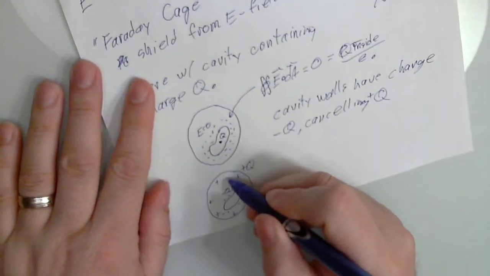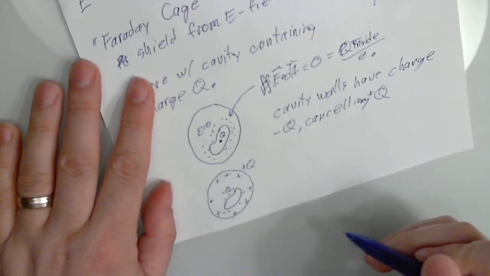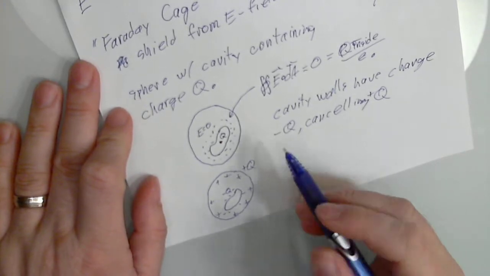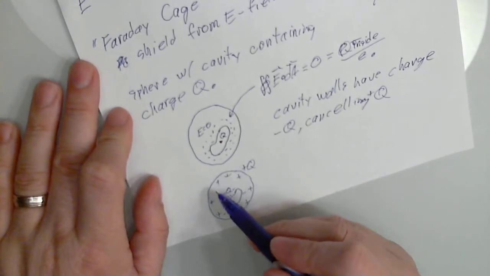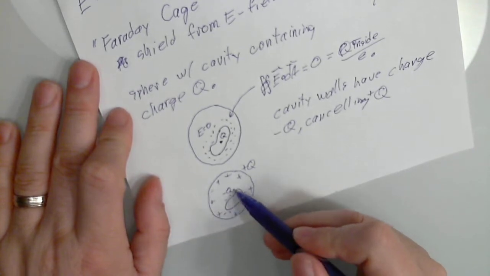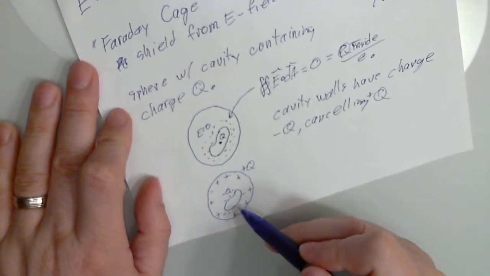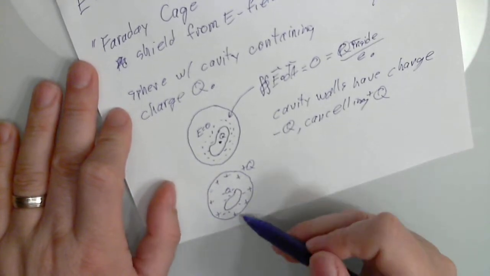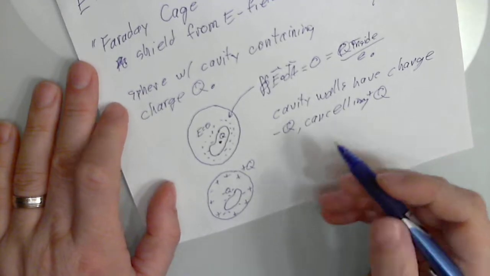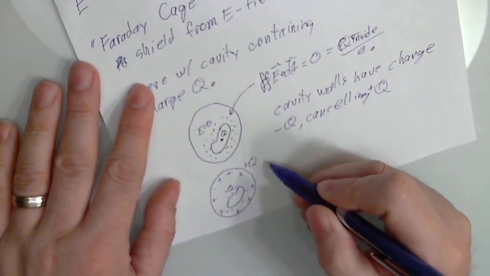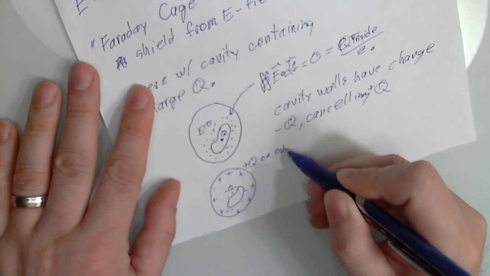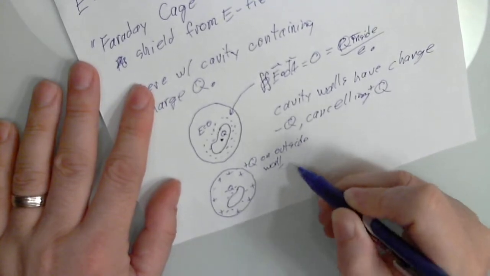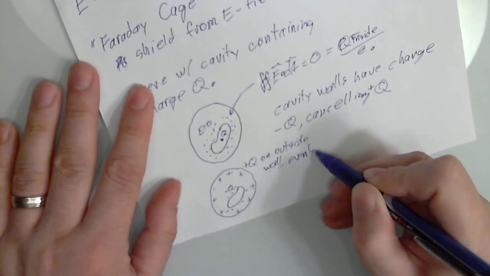And these positive charges on the outside wall, on the outside of the sphere, must be equally spaced, because they're feeling no influence from what's going on inside the cavity, because that's all canceled itself out and there's no electric field to push these positive charges around. So they all try to get as far away from each other as possible. We have a net charge plus Q on the outside wall, evenly distributed.